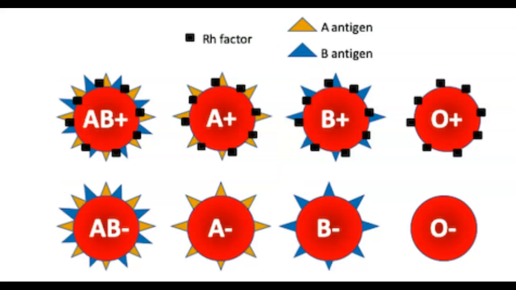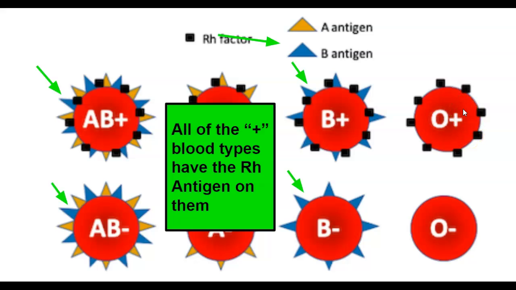And last but not least, go ahead and look at the pluses. All of them that have pluses on the top here, what do they have in common? They all have the RH antigen on them, okay? This is a typo.